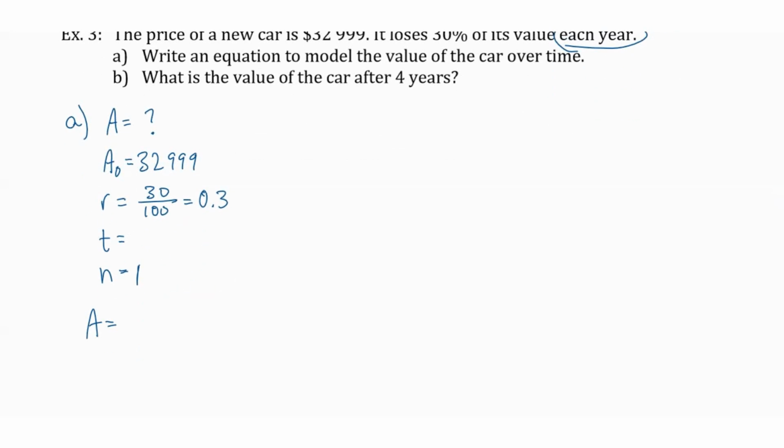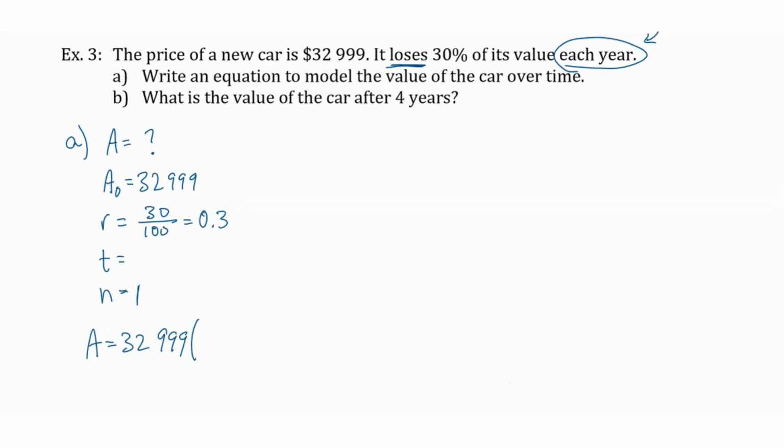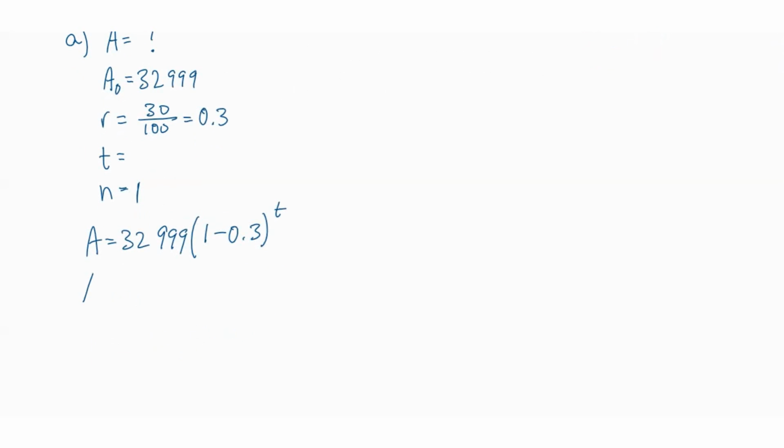So A equals 32,999. And remember, it's losing 30% of its value. So it's decreasing, so it's decaying, it's getting smaller, so you're subtracting: 1 minus 0.3 to the T over 1, or T. And then you can use your calculator to do 1 minus 0.3, and you get 0.7.